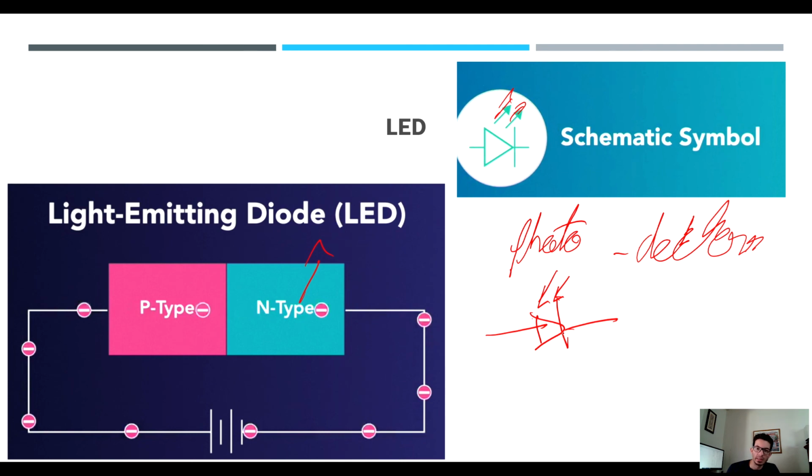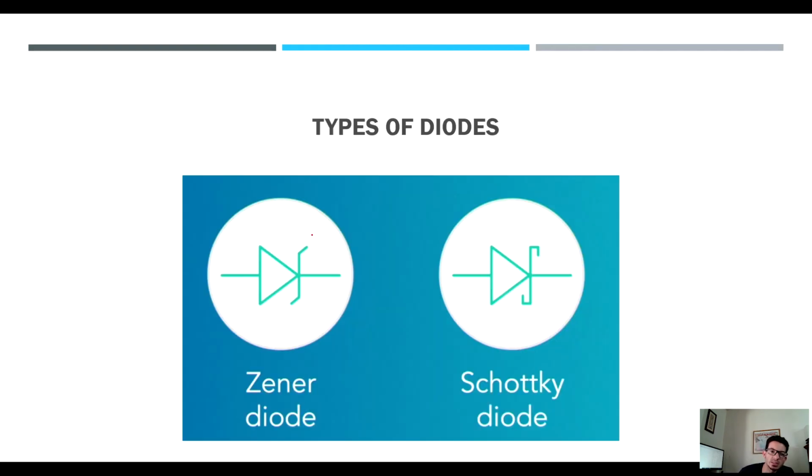So LEDs have the characteristic of being able to emit light, and photodetectors, I'm sorry if this is not clear, are used as sensors to be able to detect light intensity or light pulses, etc. Other types of diodes are the Zener diode and the Schottky diode.